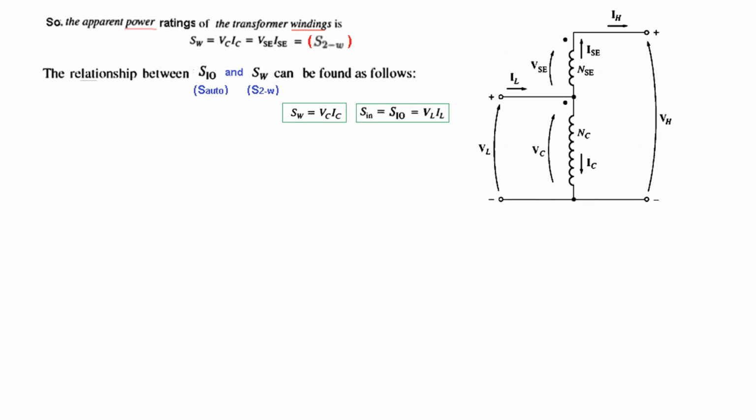This is the auto power. It can also be written as VH IH.